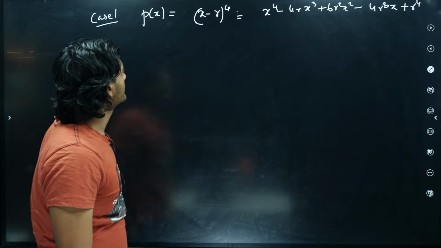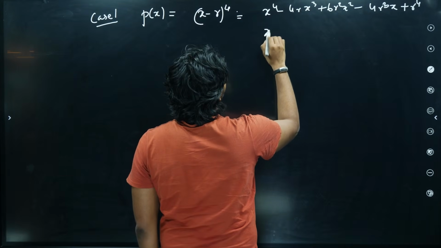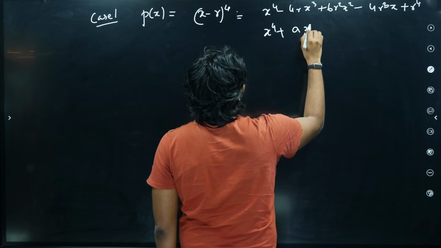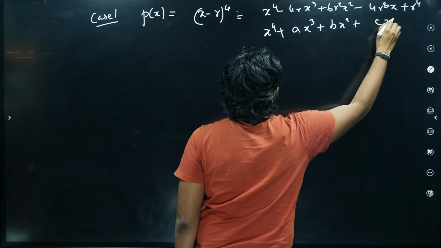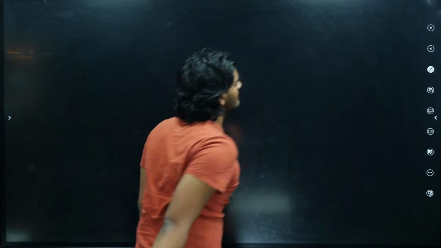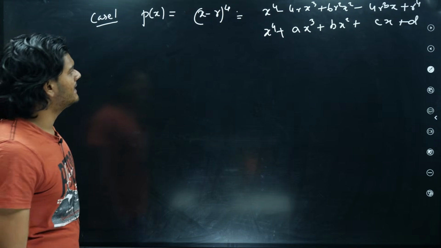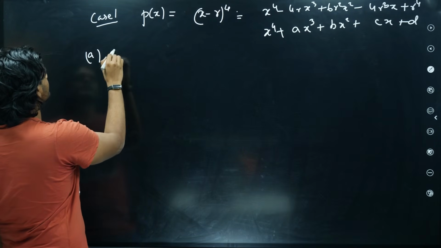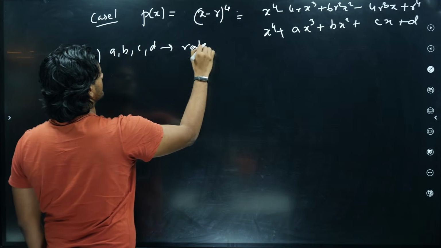Okay, either that. In this case, we wanted x power 4 plus a x cube plus b x square plus c x plus d, and in this case a, b, c, d are rational.